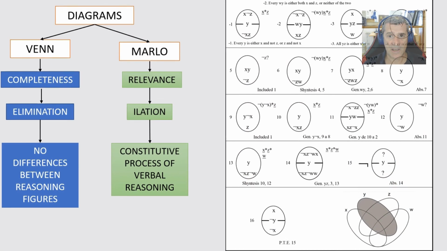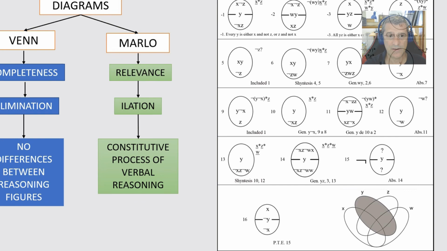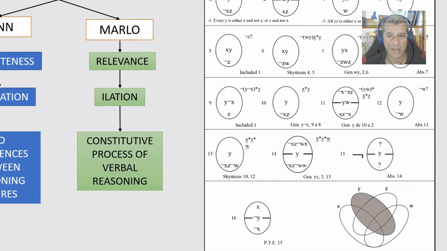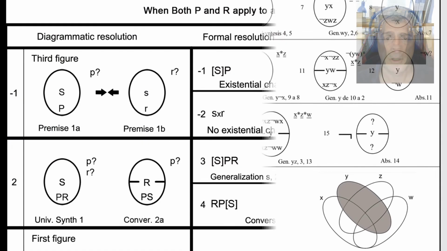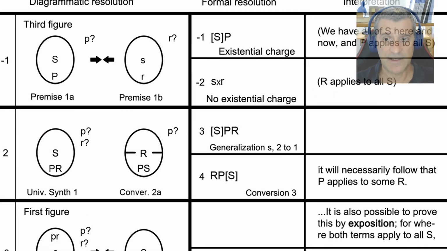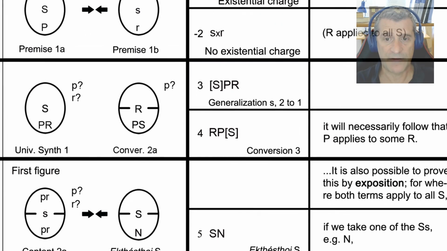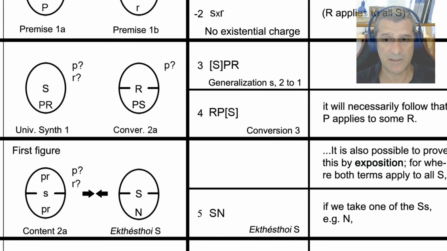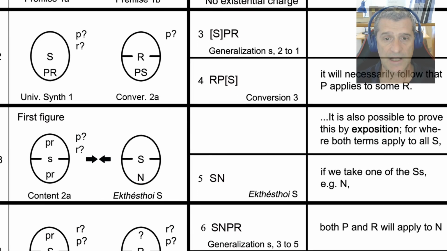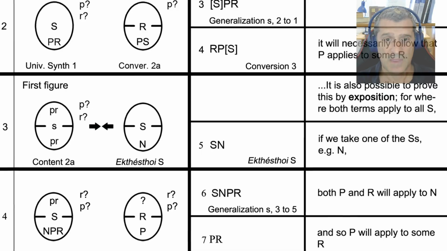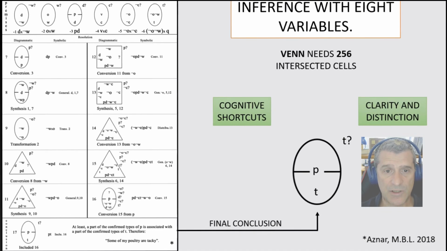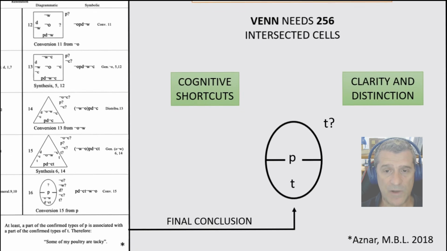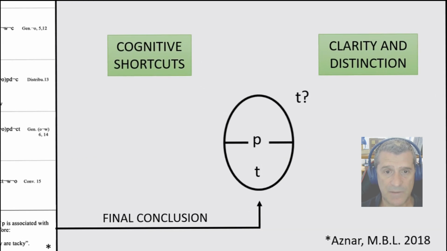However, Marlo diagrams only represent the significant combinations that are necessary to move the reasoning from the premises to the conclusion. In this way, a greater parallelism is achieved between the graphic representations and the steps that are part of verbal reasoning. This way of proceeding allows us to clearly and simply show the conclusion of arguments with a large number of premises.